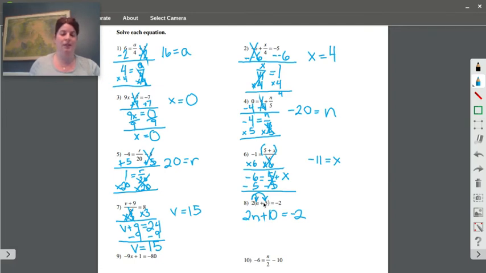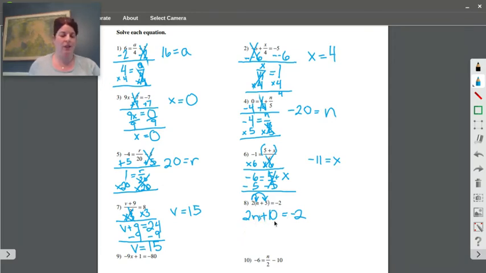This 2 times n plus 5 is the same as 2 times n plus 2 times 5. So those are equivalent, and that's what we've done down here. If we feel like we need a little refresher on the distributive property, we can do that in another video. But for now, we'll start with this one right here.